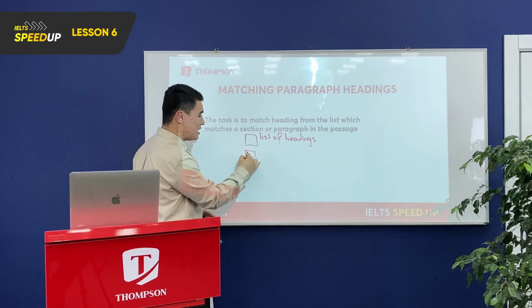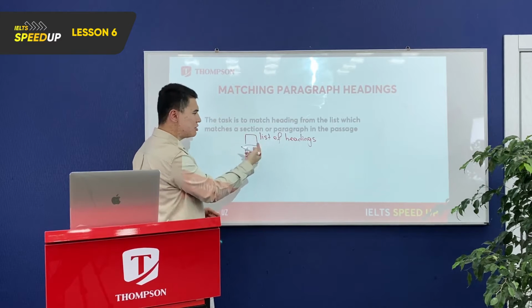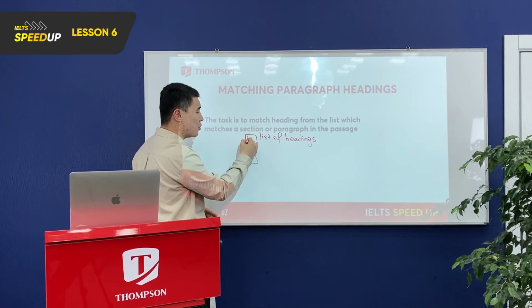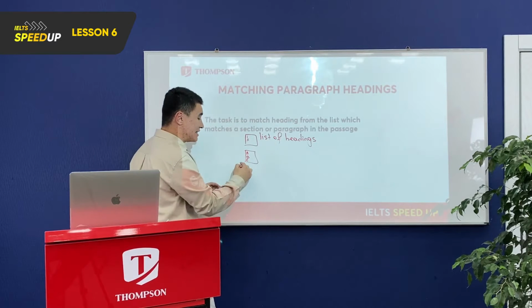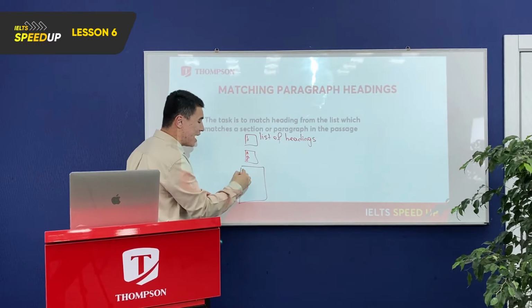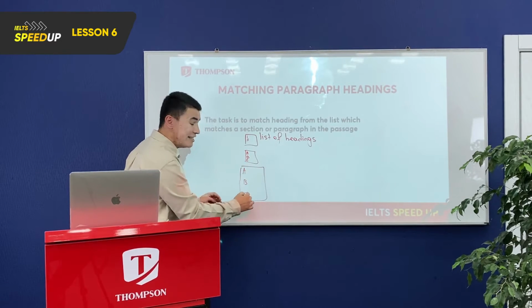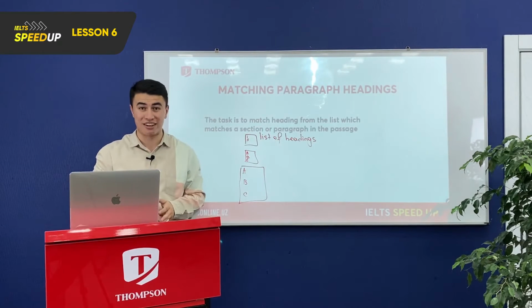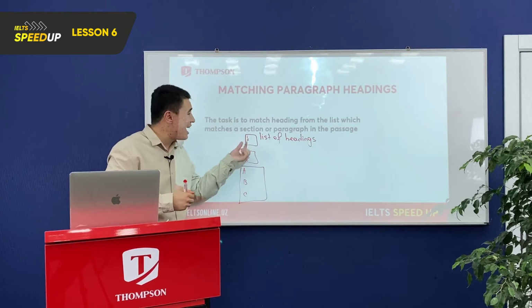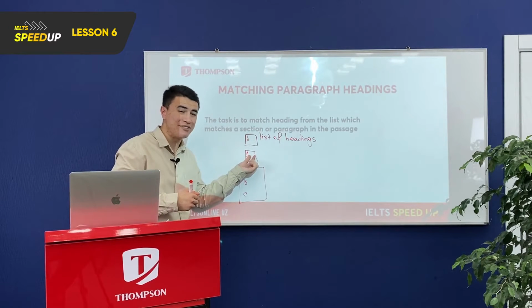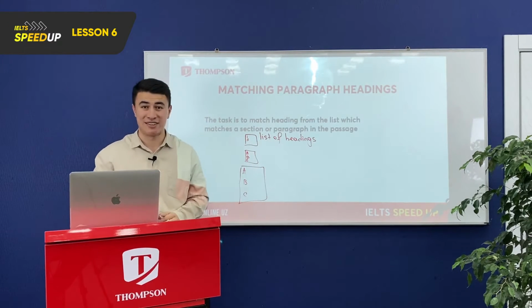So paragraph A, B, C, and usually headings are numerals like 1, 2, 3 and so on. And then you will be given a passage that is divided into paragraphs. So the idea is to match headings and paragraphs after reading the passage.